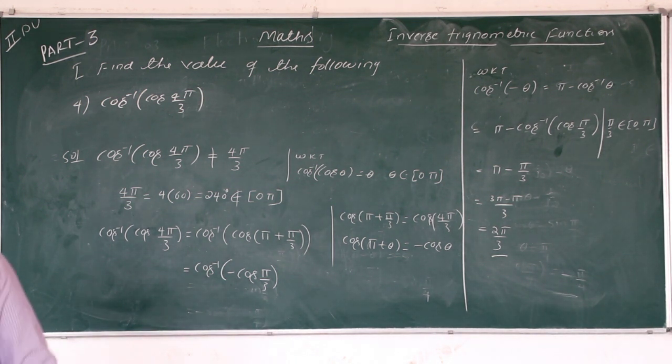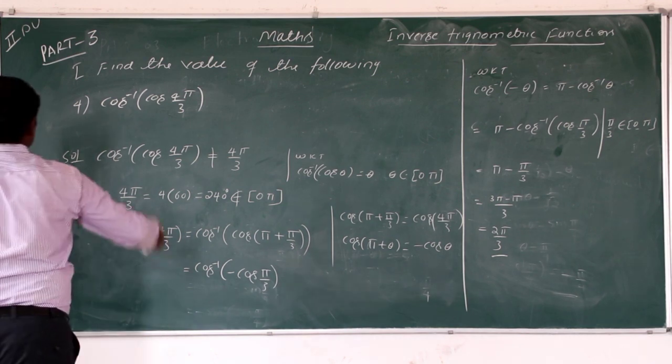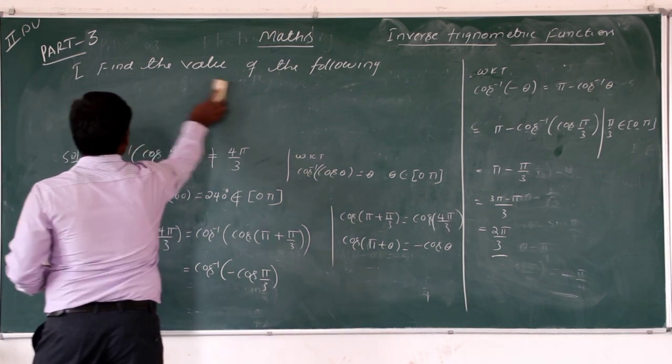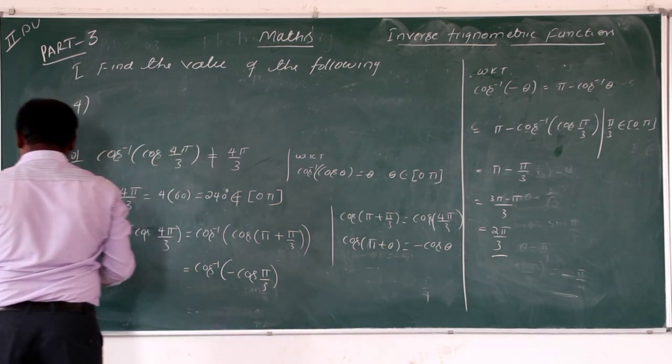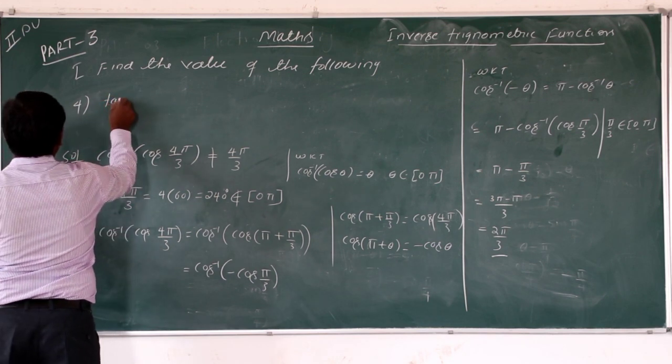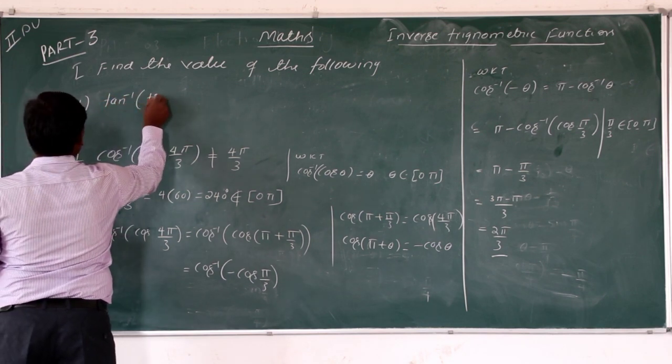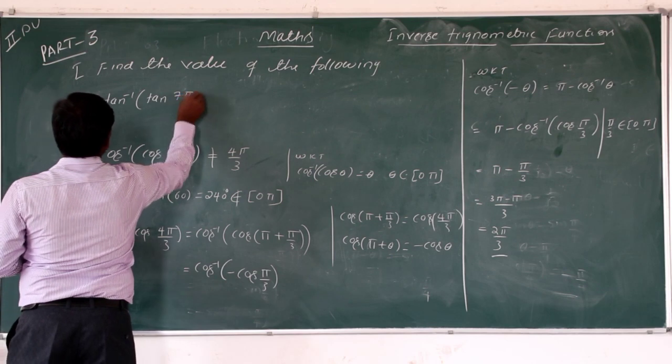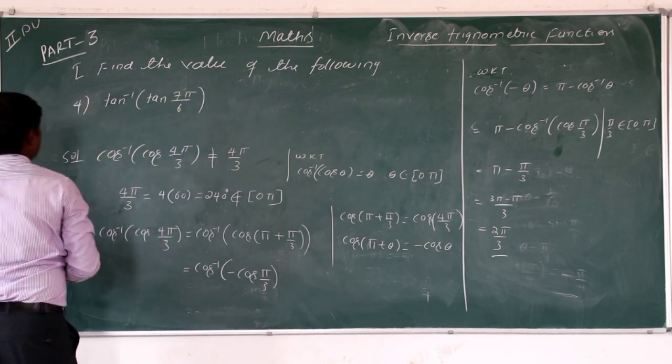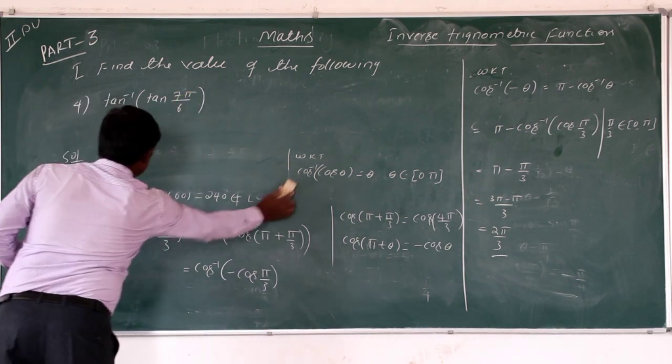So let's follow. Tan inverse of tan 7 pi by 6. Tan inverse of tan 7 pi by 6.